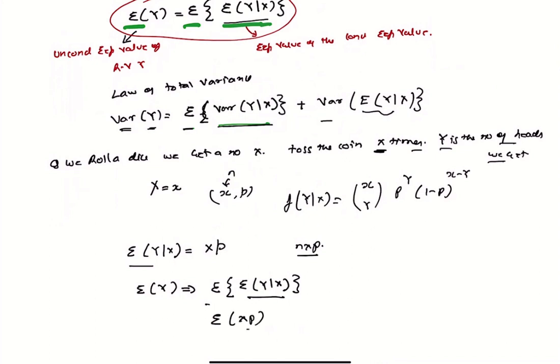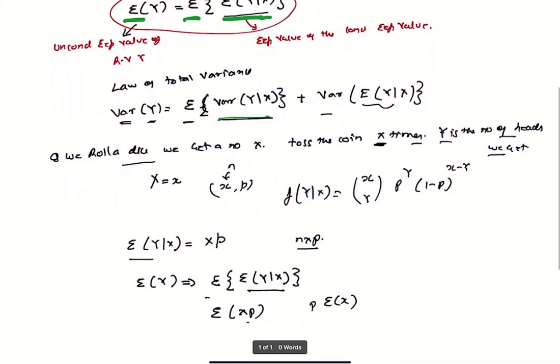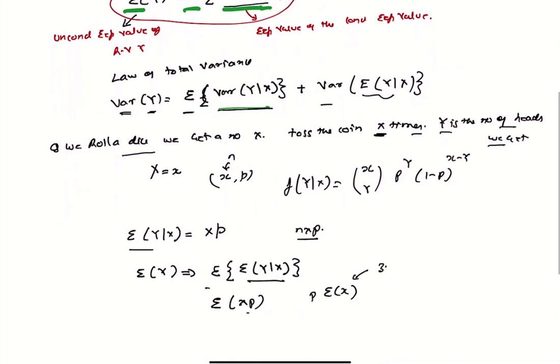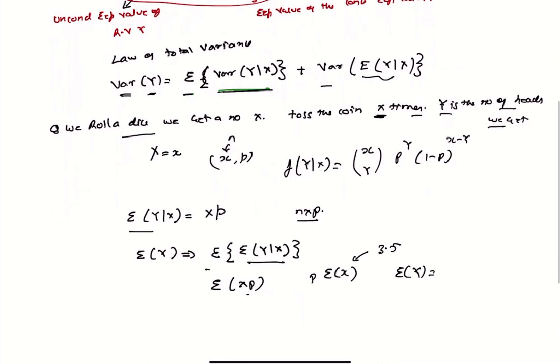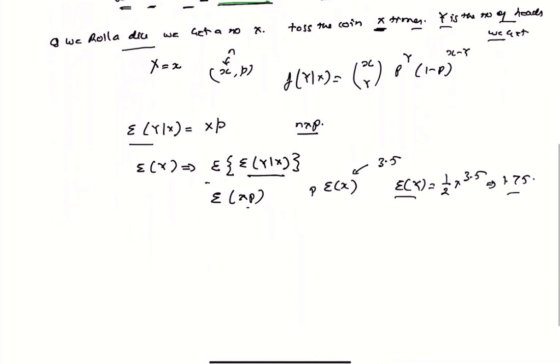Since p is a constant, p comes out, and it becomes p times the expected value of x. And we know the expected value of x from rolling a die is 3.5. So the expected value of y is going to be half times 3.5, which is 1.75. So that's the expected value of y.